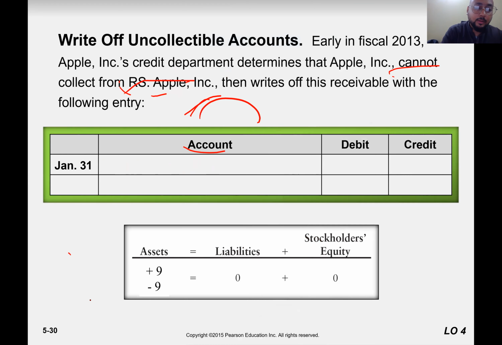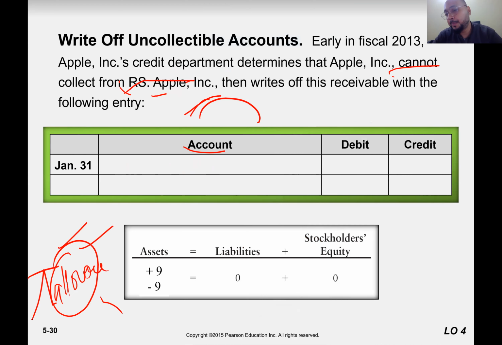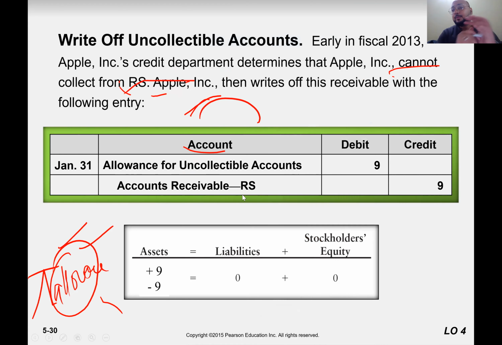Let me write it down here. We create allowance, and if anything happens, we charge it to allowance until the allowance is finished, right? So what is the entry then? If RS is not going to pay us, the entry would be the opposite.